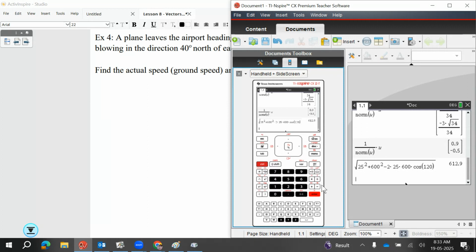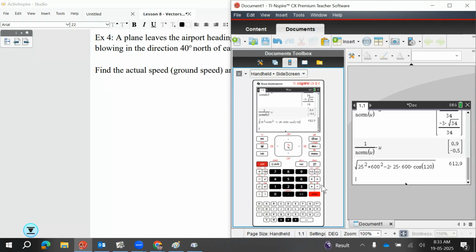So let's write the information in. So the sine of the angle that we want, which is theta, over 600 is going to be equal to the sine of 120 over 612.9... We're going to put in the exact value for that one.